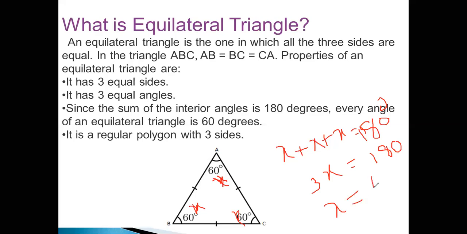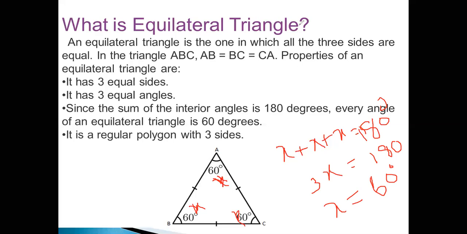Then x is equal to 180 divided by 3, that is 60 degrees. So here all the angles become 60 degrees.